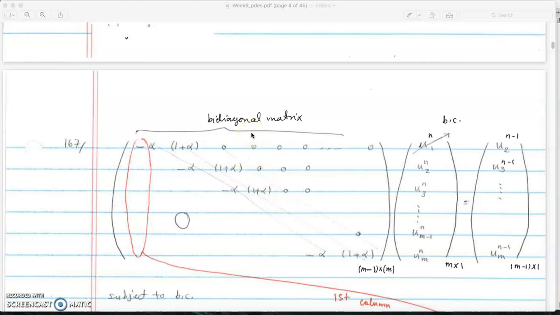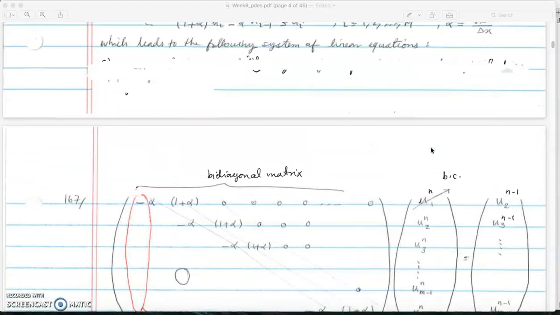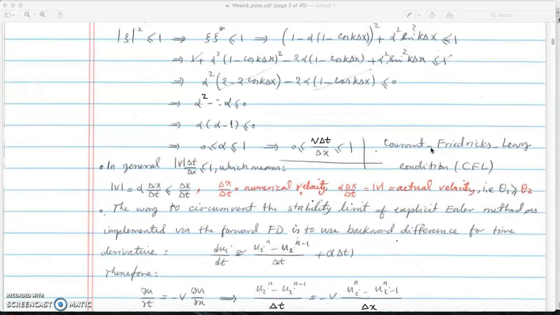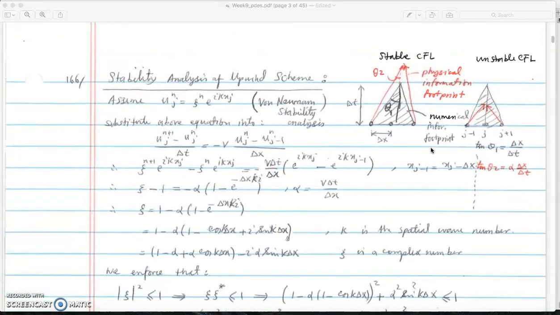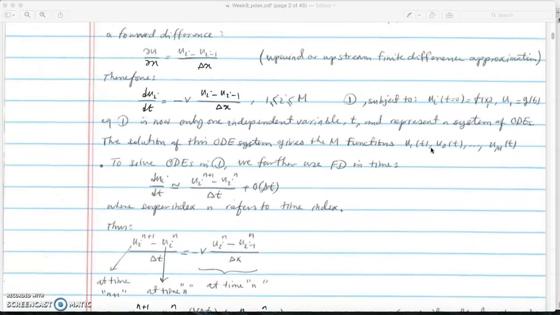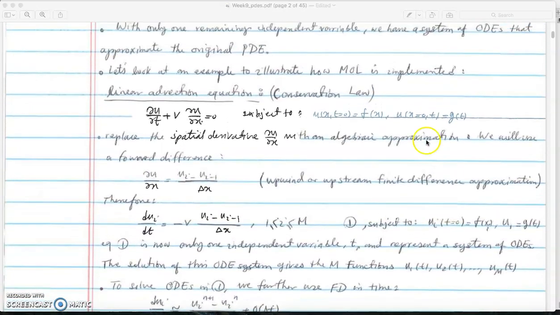Now, how do we impose the boundary conditions? We haven't done that yet. To impose the boundary conditions, we look at what we know from this unknown list. From this unknown list, all I know is the concentration at x equals 0, because if you remember, that was one of our conditions in x.